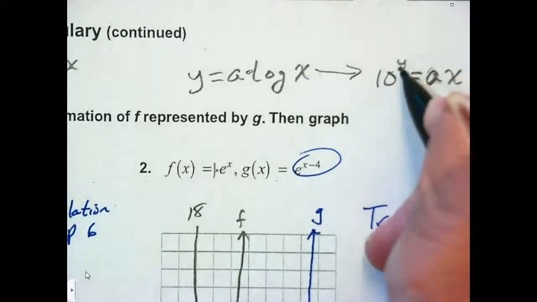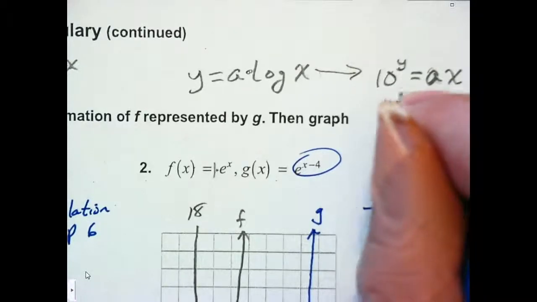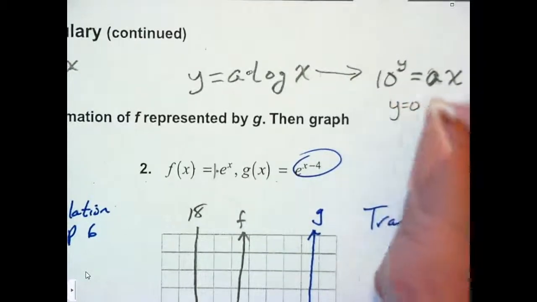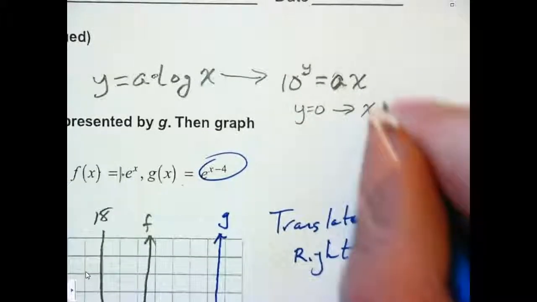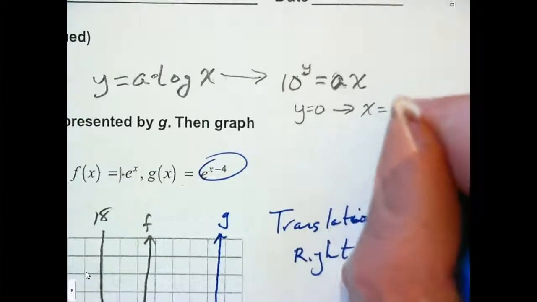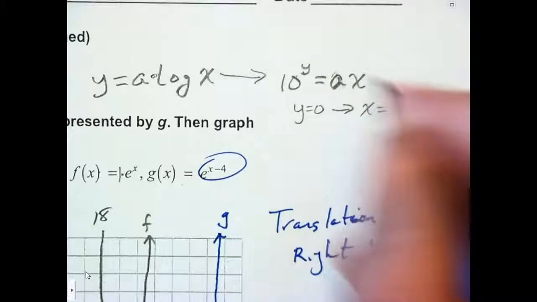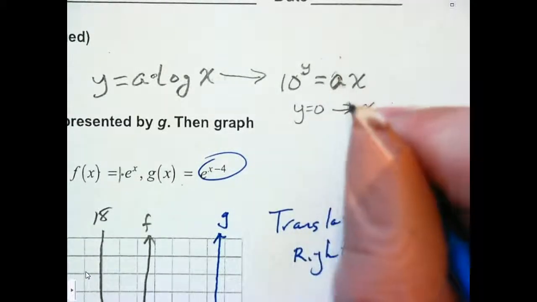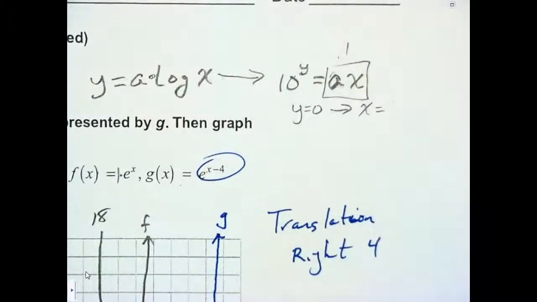So let's put 0 here. What do we get? You get 1. When y is 0, x is 1 times a, right? Or in this case, a is going to be 1. All right? This side will have to give you 1.